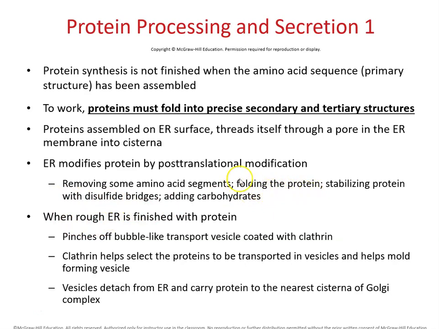So it gets folded, and then the different bonding that takes place on the inside happens, and some carbohydrate components may also be added. And then we have a complete protein. That complete protein goes into a vesicle, which is like a bubble, and that's going to transport it. And it's going to get transported to the Golgi, which is another organelle that we've talked about previously.